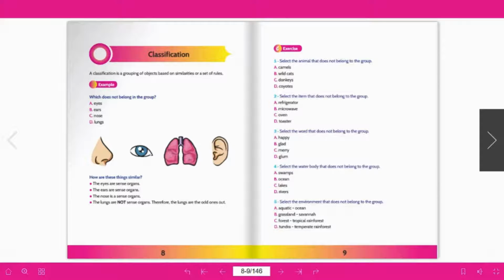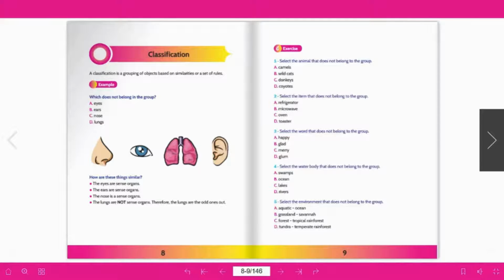So you're going to look at all four options, and you're going to see the ones that are similar, and the one that does not belong is the one that does not share the similarity. So eyes, ears, nose, lungs. How are these things similar? The eyes, that's your sense organs. The ears, that's sense organs again.